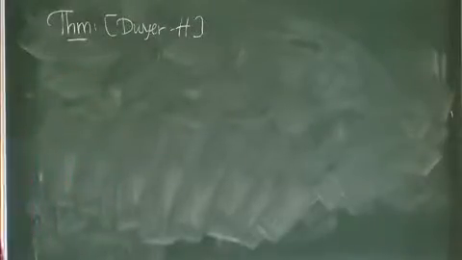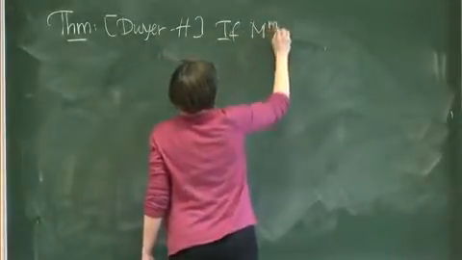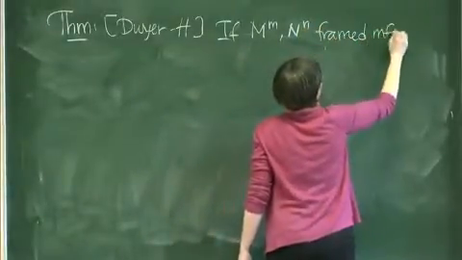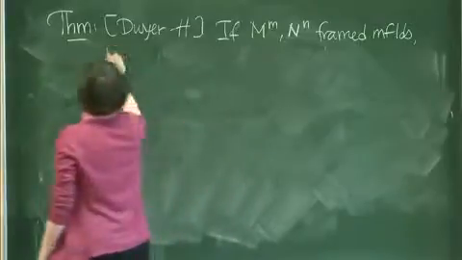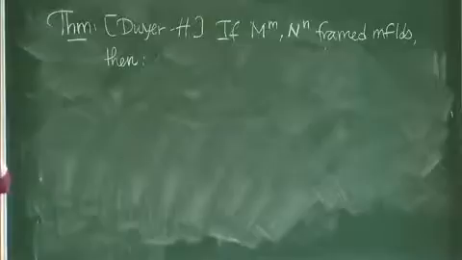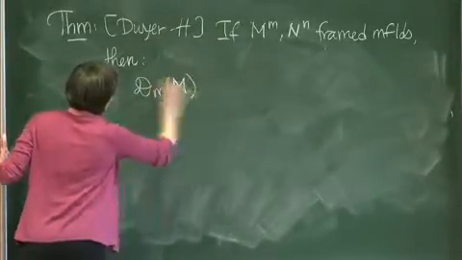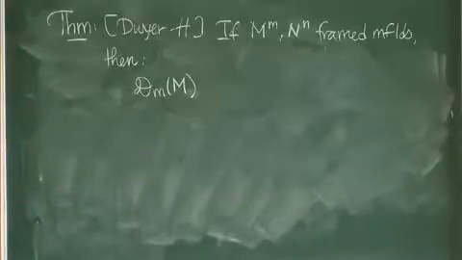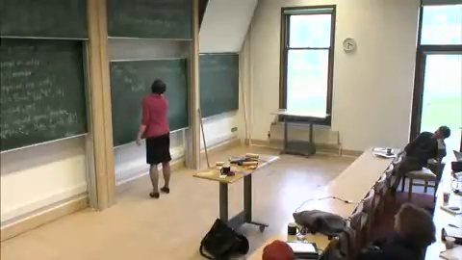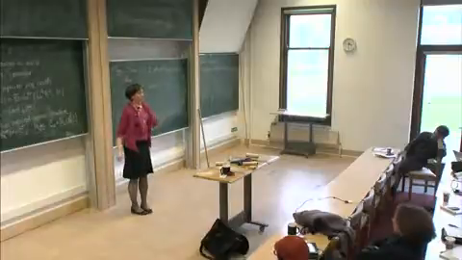It turns out that under these same conditions, if M and N are framed manifolds, then if we take the EM module that's associated to M, and the EN module that's associated to N, we can form their tilde tensor product.